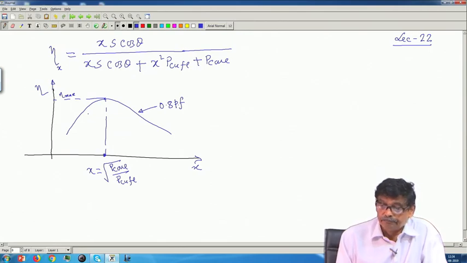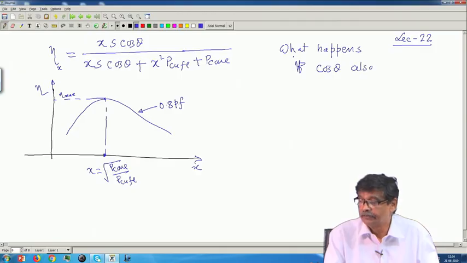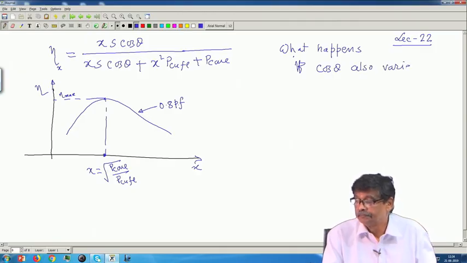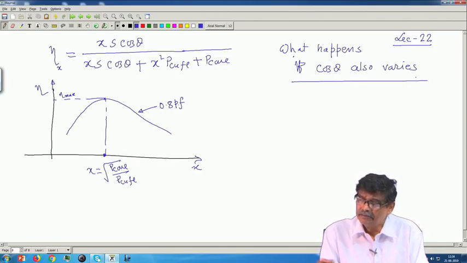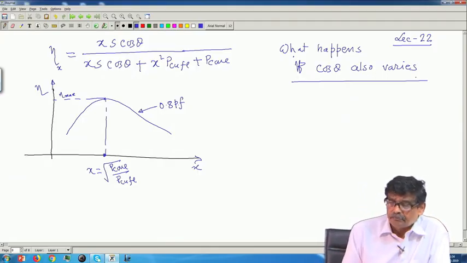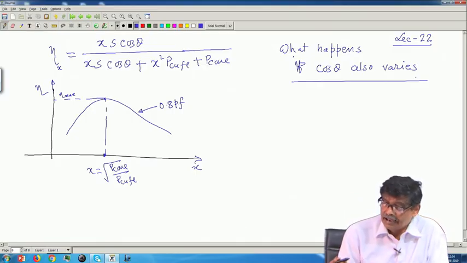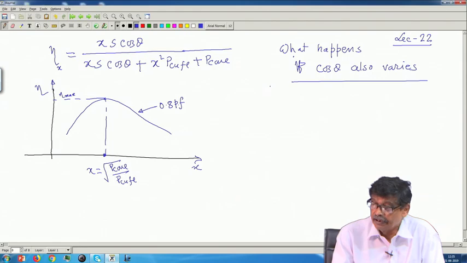Now, let us see what happens if cos theta also varies. How to find this out? That is how this problem can be framed. I will frame the problem.